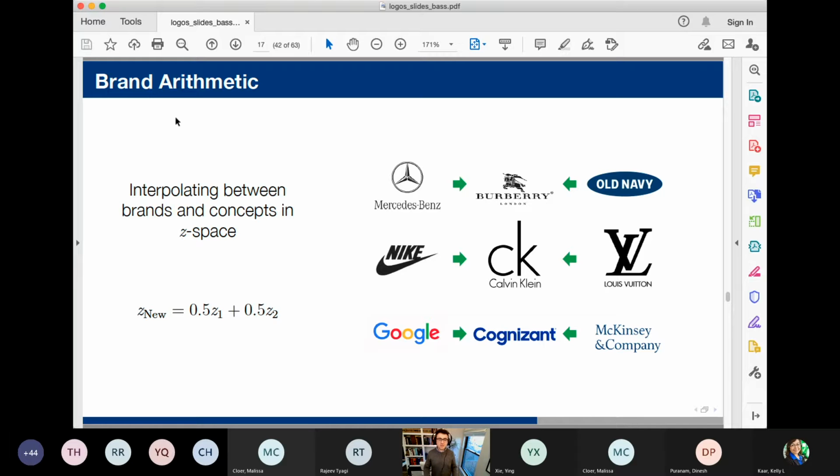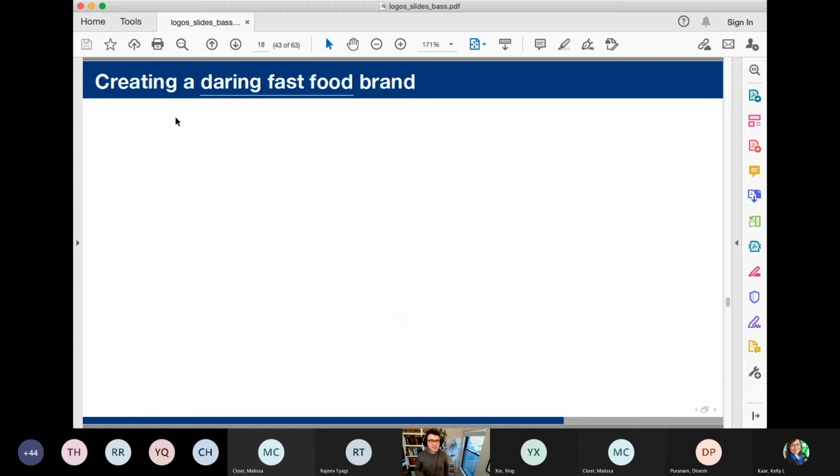To think about how this can actually be useful, we can apply this same brand arithmetic idea to come up with new brand concepts. For instance, thinking about what a daring fast food firm might look like. Most people don't view fast food companies like McDonald's as particularly daring. So how could we think about, from the perspective of our model, coming up with a more daring fast food company?